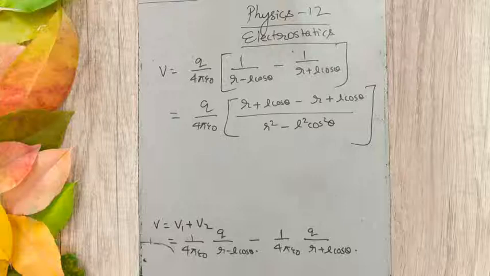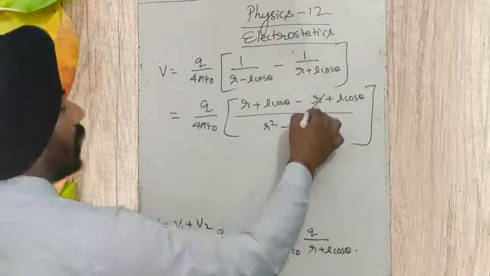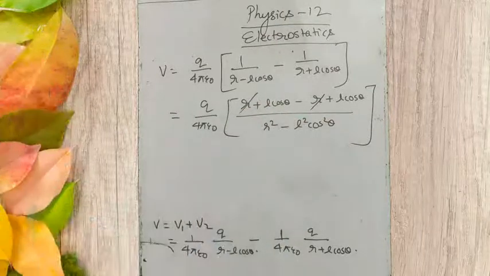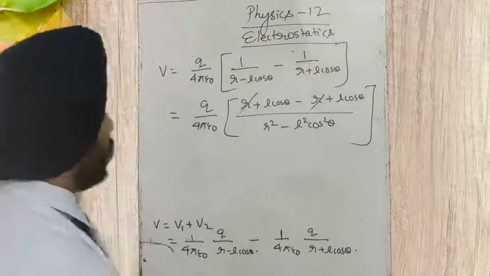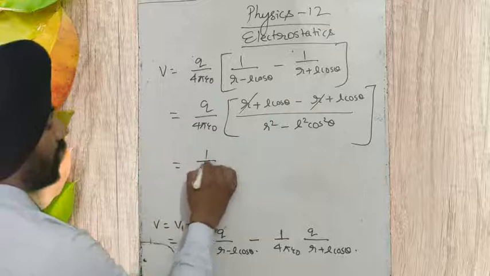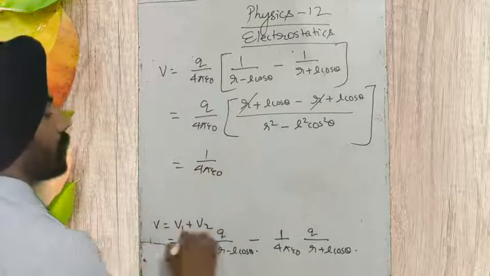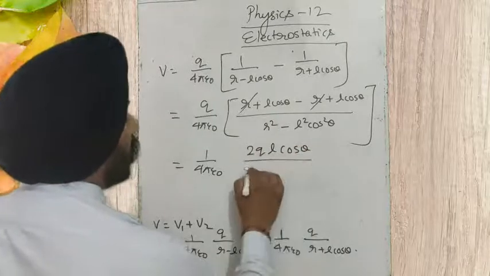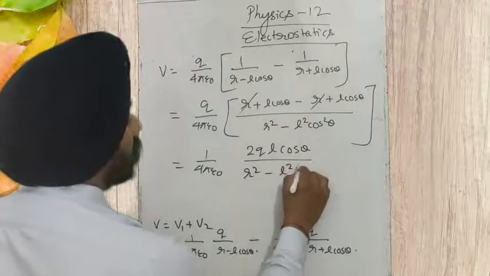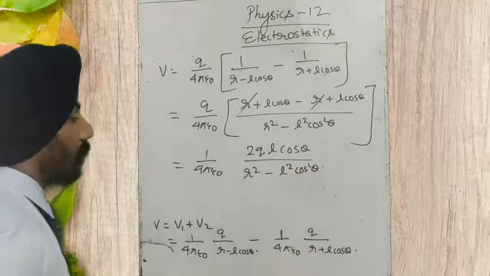Taking the LCM, what is going to be cancelled? R and R are going to be cancelled, and we get 2L cos theta. So here we can write it as 1 upon 4 pi epsilon naught, 2QL cos theta upon R square minus L square cos square theta.